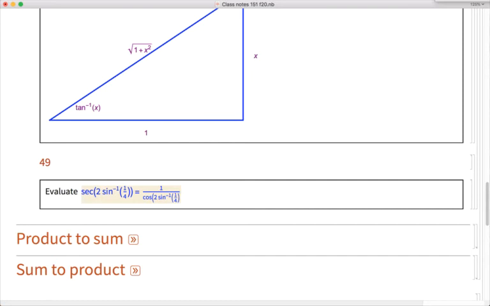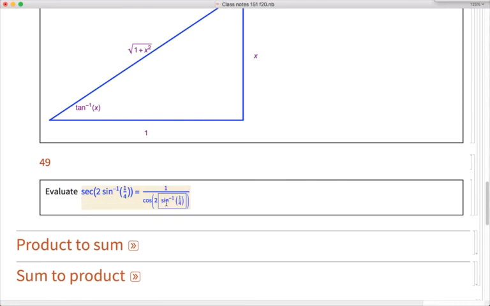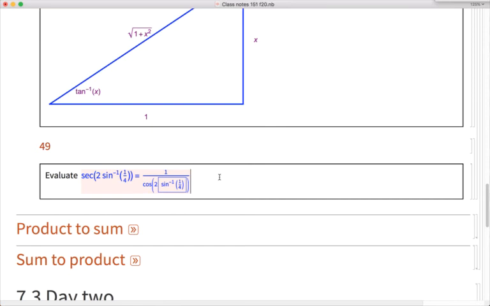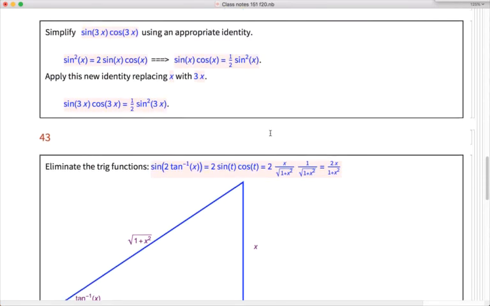Oops, okay. So what's important to remember is that this inverse sine here, that's an angle, right? So this is cosine of twice an angle. We want a formula for cosine of twice an angle, right? We've got 3 different formulas that we could choose from for cosine of twice an angle.